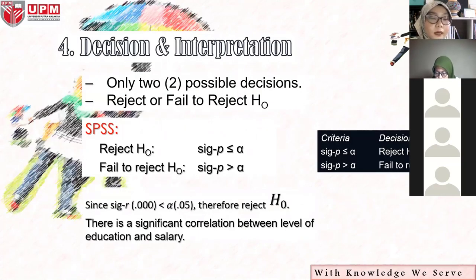Since the significant value, Rs, 0.000 is lesser than alpha 0.05, therefore we reject H naught. This means that there is a significant correlation between level of education and salary.